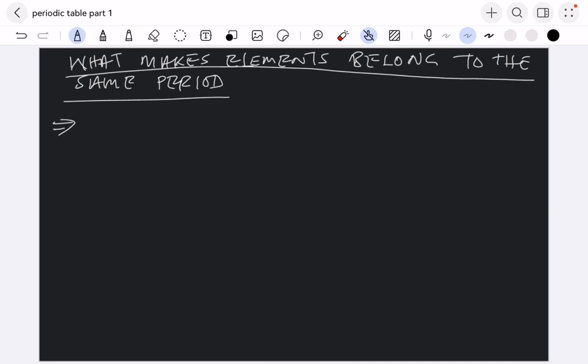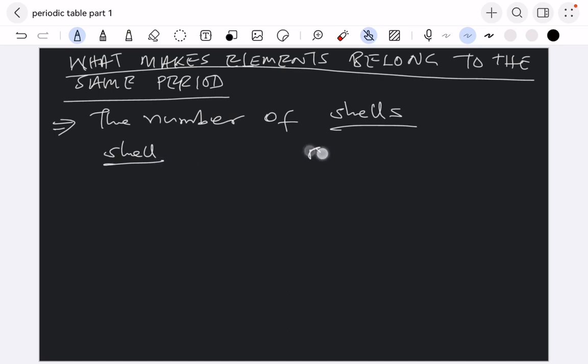So here, what determines elements to belong to the same period is the number of shells. So you realize that in terms of shells and period, if an element only has one shell, this will belong to period 1.